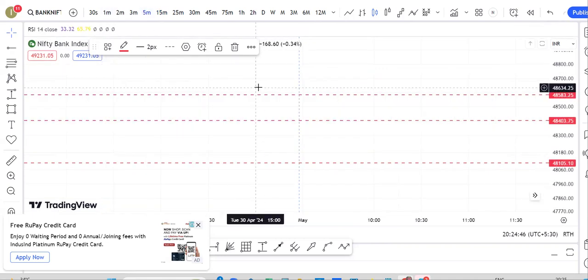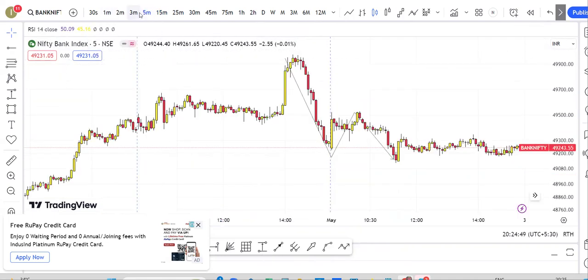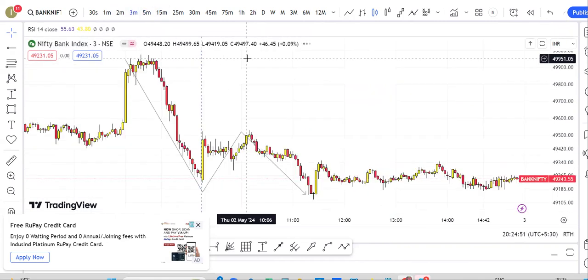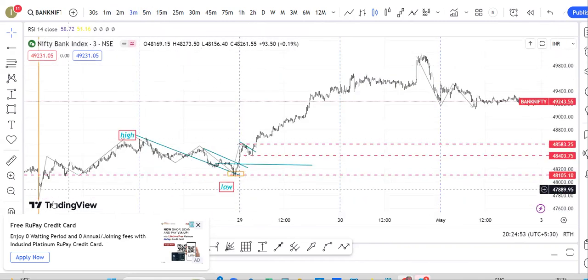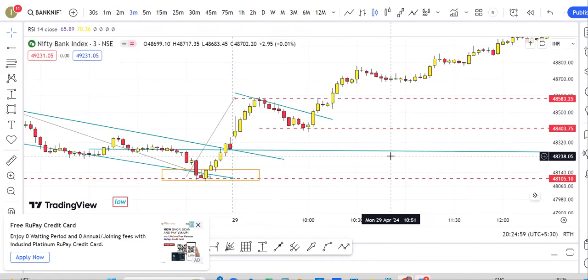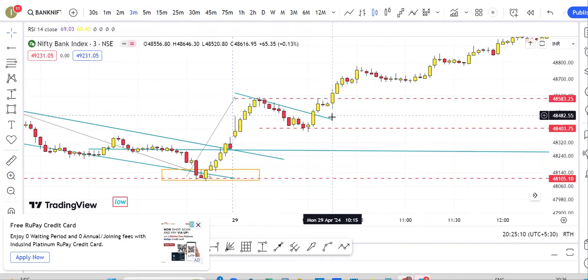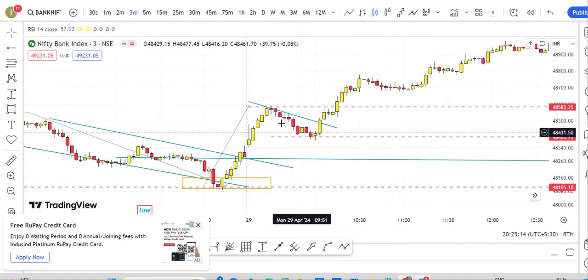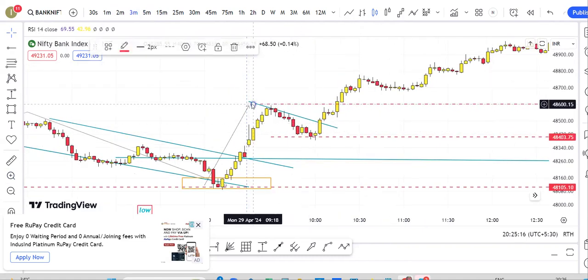So go to the lower time frame. Let me go to the 3 minutes time frame here. You can see trendy structure over here. So where are you going to take the trade? You are going to take the trade on the break of this level, right? Before that, it has corrected. So the trend structure has confirmed.